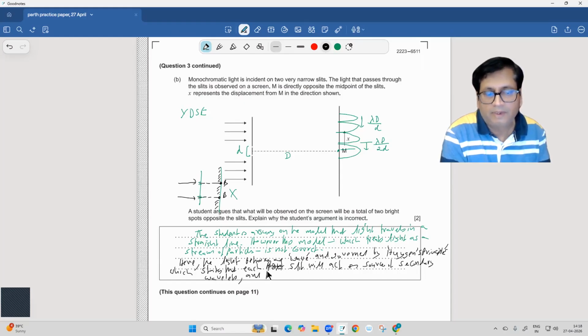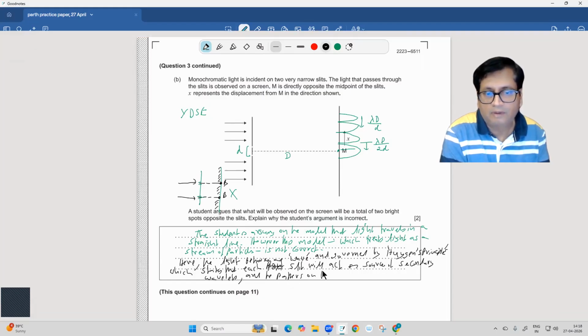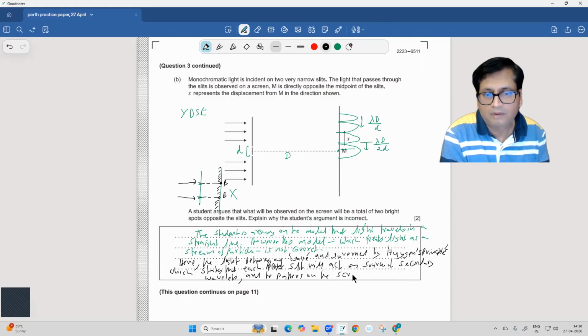And the pattern on the screen is formed due to interference.